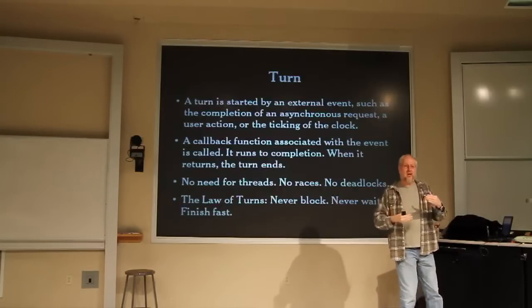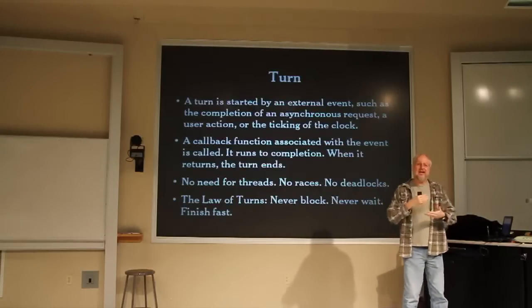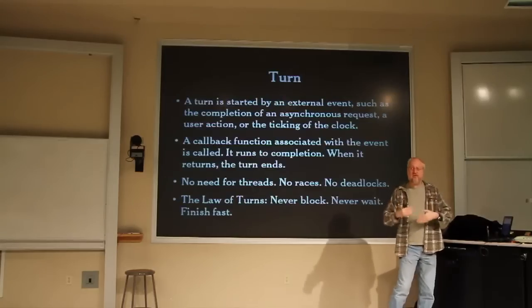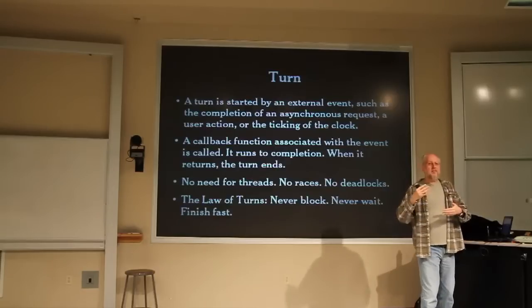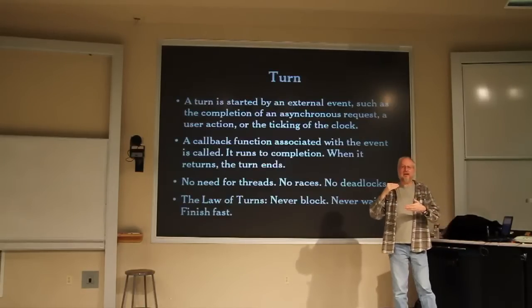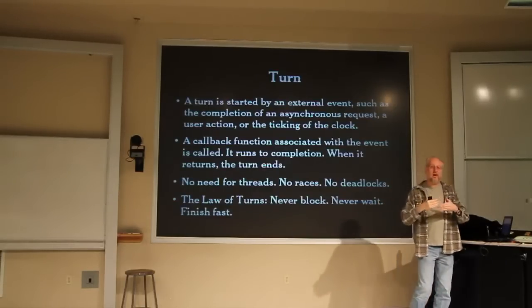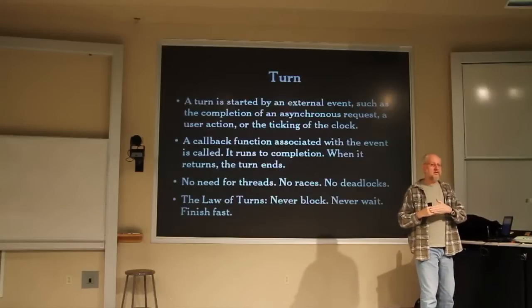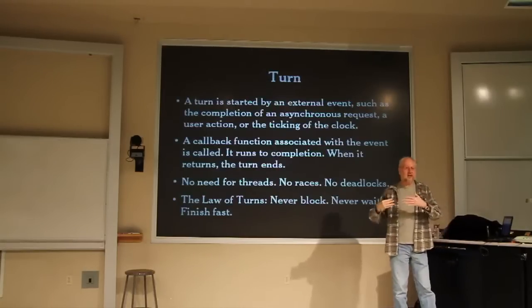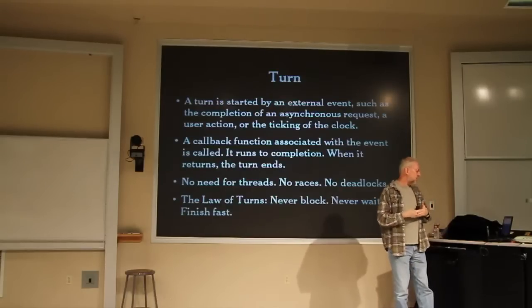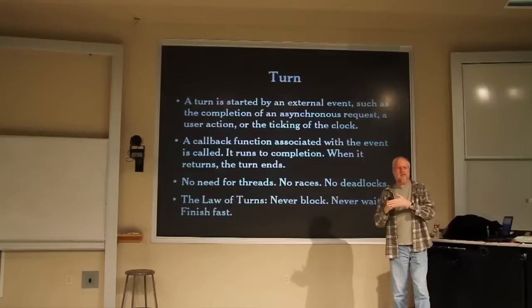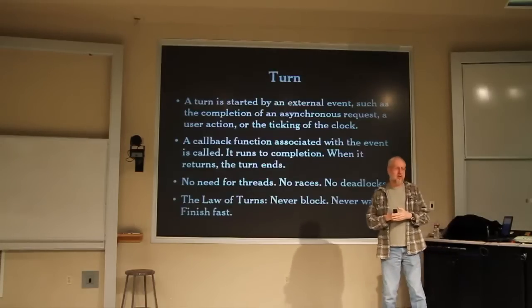That function will then run to completion, and only after it completes does the next turn start. The next event can be dispatched and so on. It's guaranteed that no other event will start up until the current turn is finished. So races and deadlocks are completely avoided. So it turns out to be a much simpler model. It avoids the hazards that you have in thread-based systems.